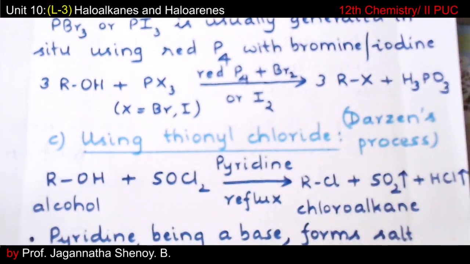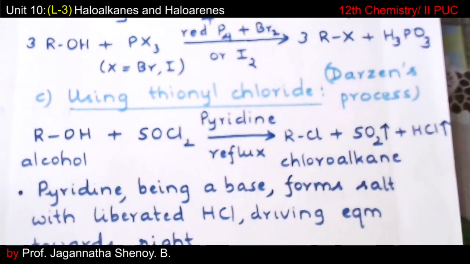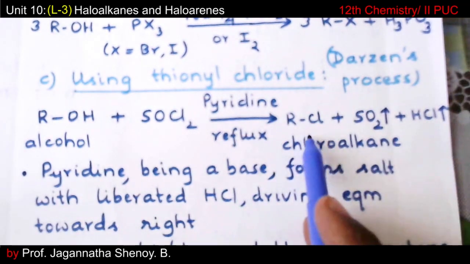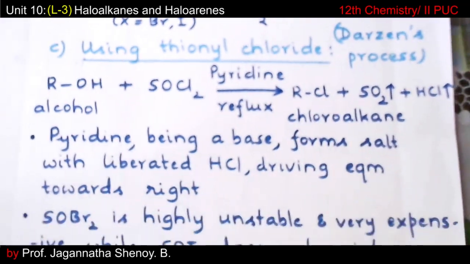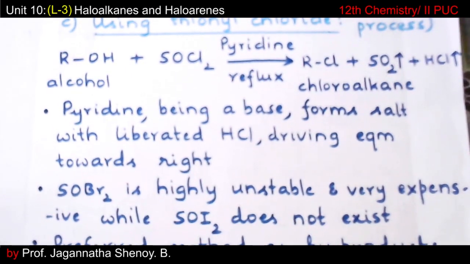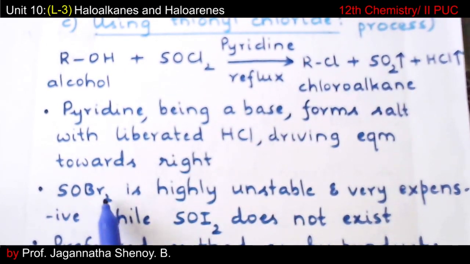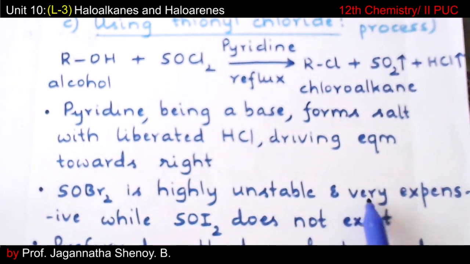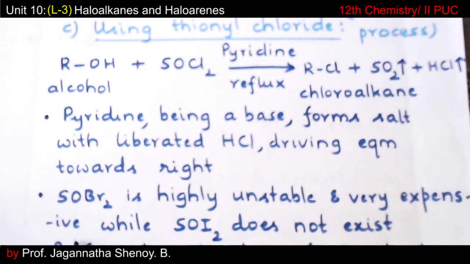Answer is no. It is because to get bromoalkane, I have to make use of thionyl bromide, SOBr2. But the problem with SOBr2 is it's highly unstable and very, very expensive.